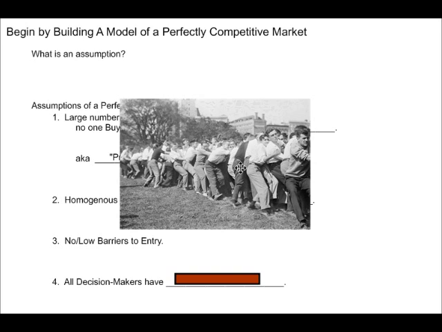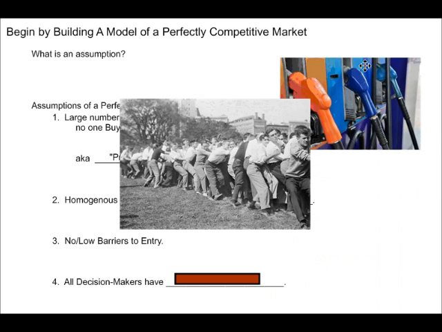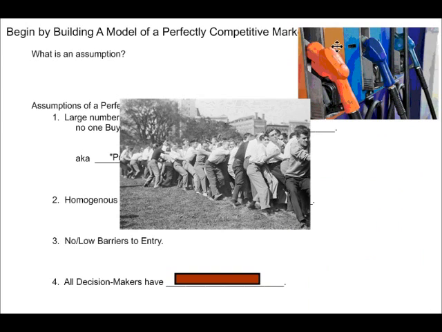Another way to think about this, we can think about in terms of gasoline and how well the gas market fits this assumption. If you were a buyer, one of the many buyers, and you tried to negotiate for more favorable prices, would you have any ability to do that?